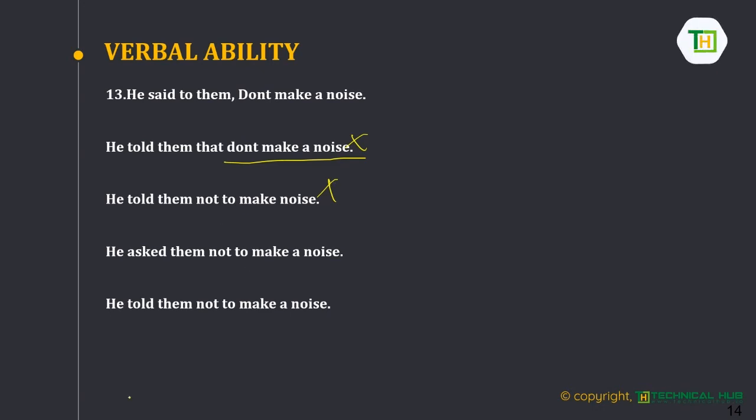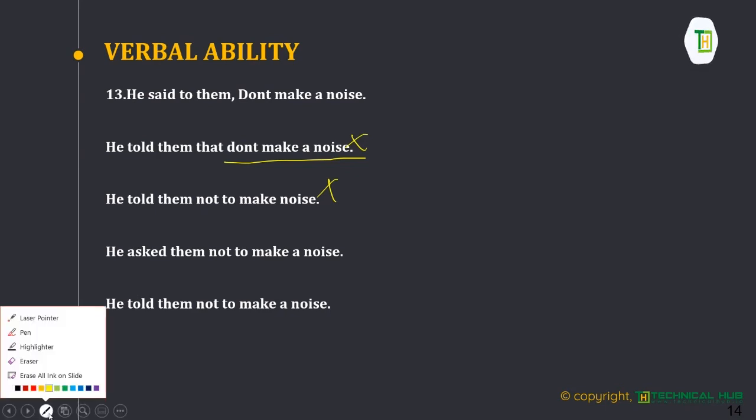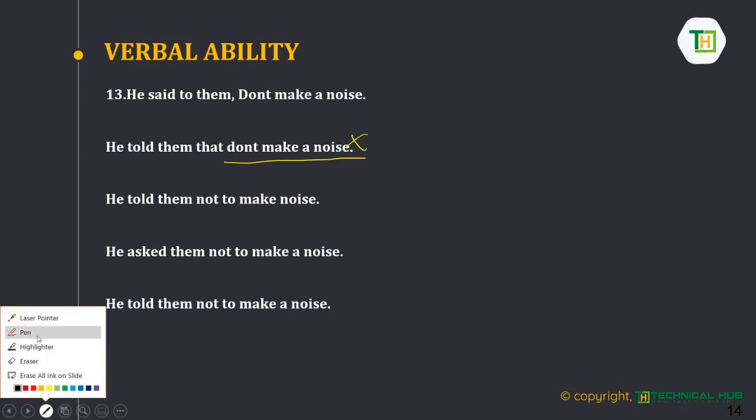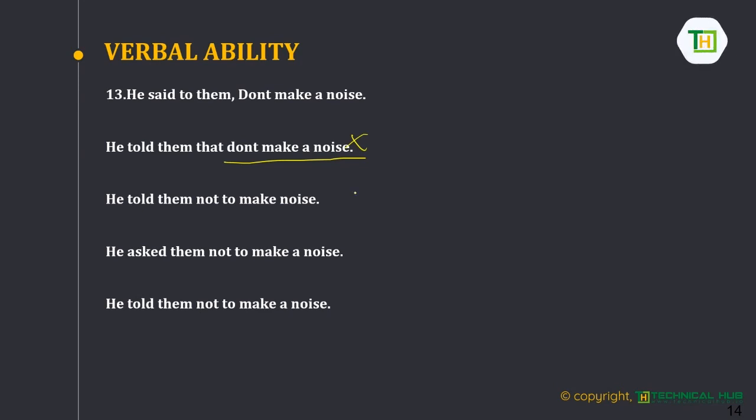Yeah, two options are there. Okay, so this is also a right option, and he asked them not to make a noise. No, it's wrong. And he told them not to make a noise. So this is also right, and both the options are the same, and these two are right options.